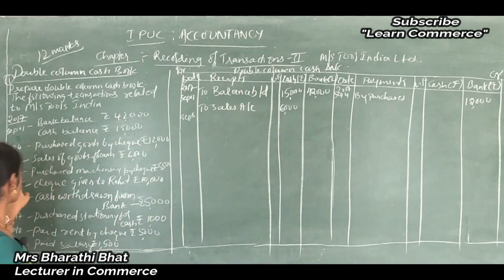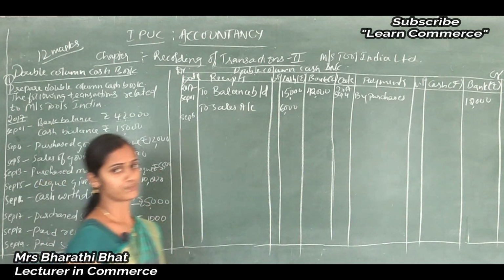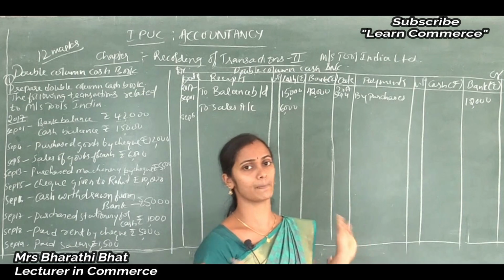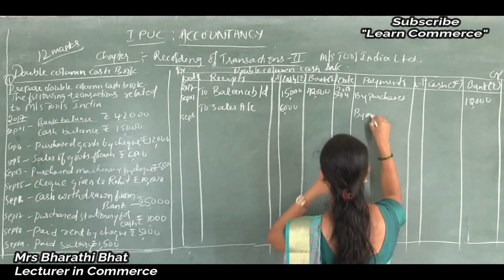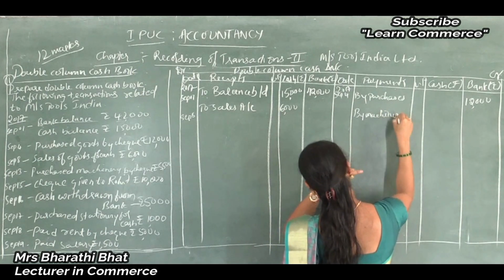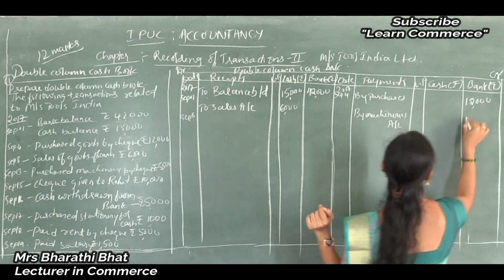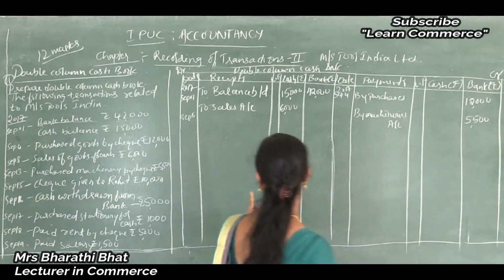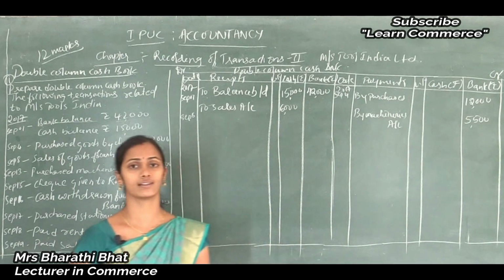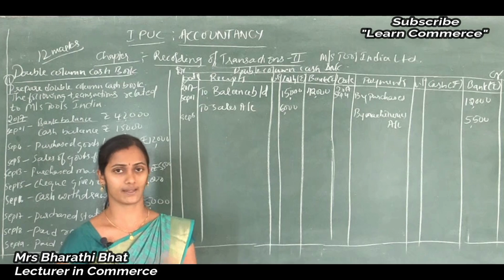The next one, September 13, purchased machinery by check. Clearly mentioned, they purchased machinery by check. So by machinery account, by check, 5,500 in the bank column. And the next one, check paid to Rohit, check given to Rohit, same meaning.